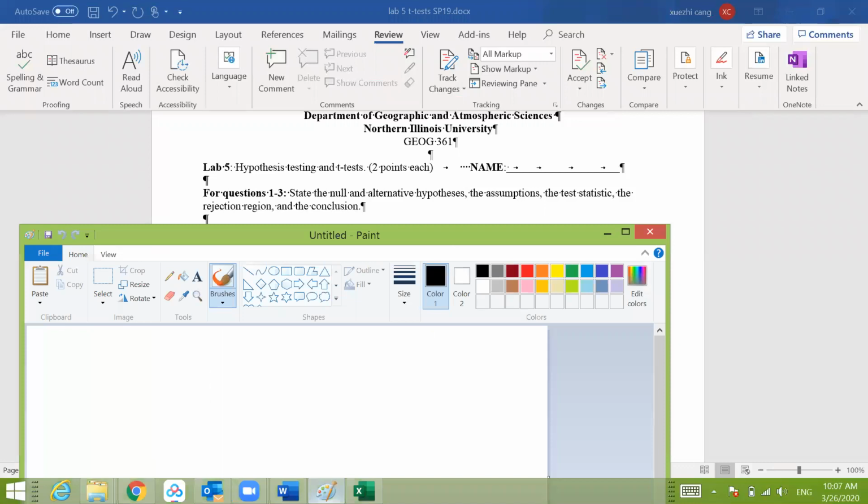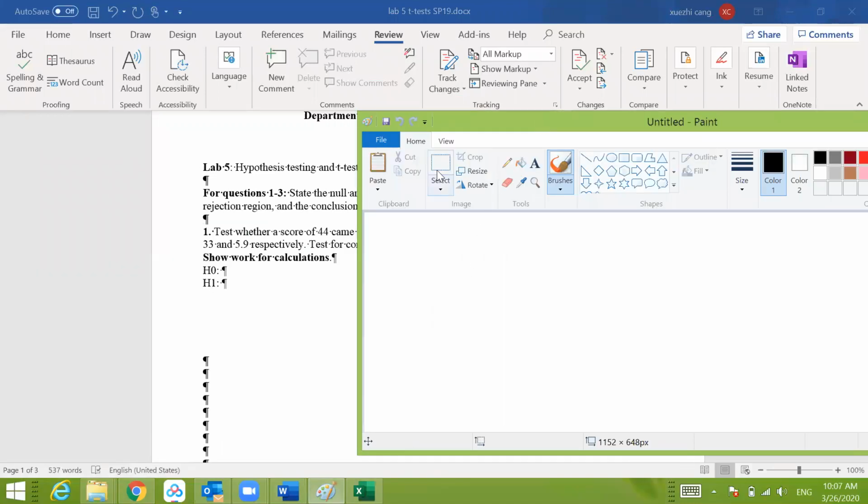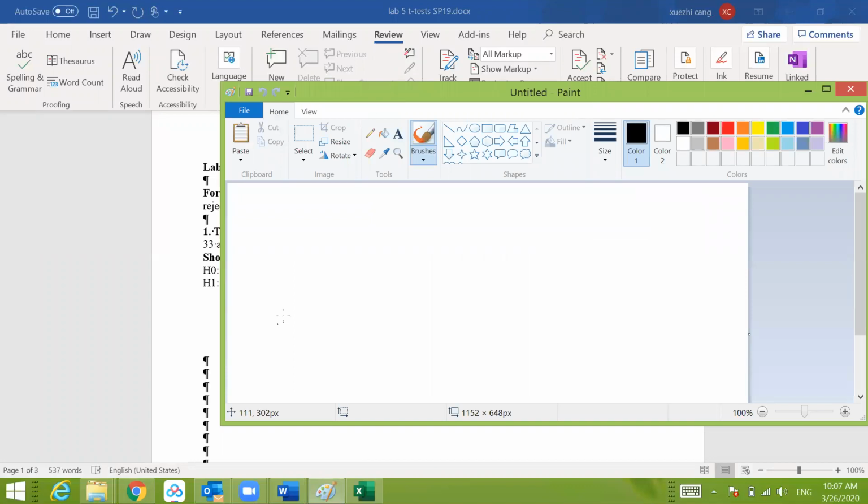So I will build one graph here. We have one Gaussian distribution. The average value is 33, right?